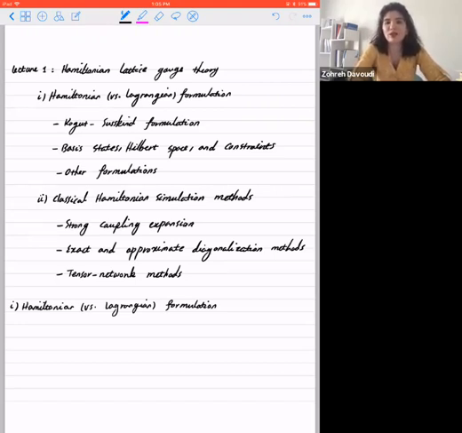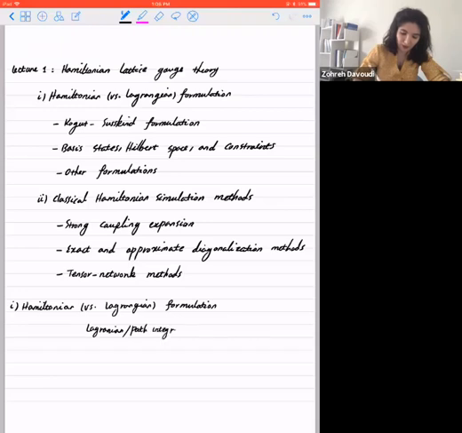Let's try to understand and differentiate various basic properties of the two formulations when it comes to simulating lattice gauge theories. So let me have a column that is called Lagrangian or path integral formulation.